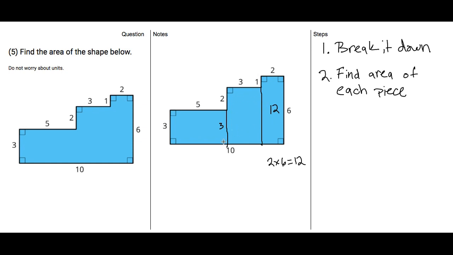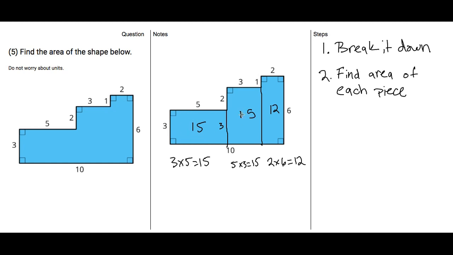So this rectangle is 3 plus 2, which is 5, by 3. To find the area, we do 5 times 3, which gives us 15, and that gives us the area of this piece. Now again, we see the length here is 3, the width is 5, so 3 times 5, which is 15.